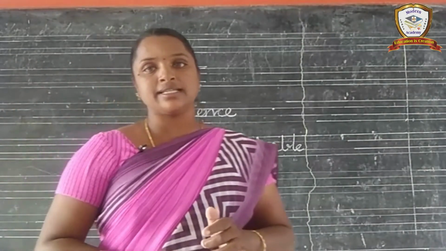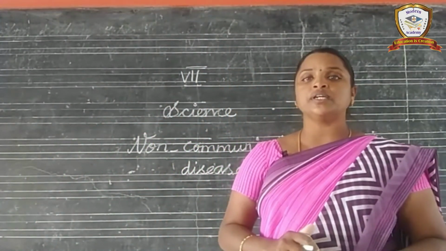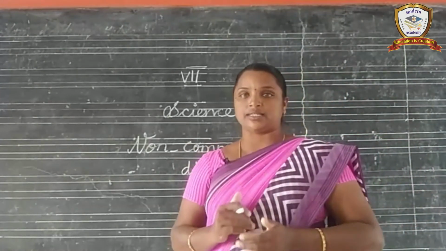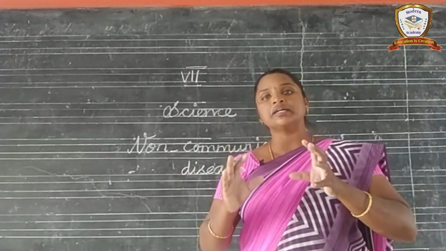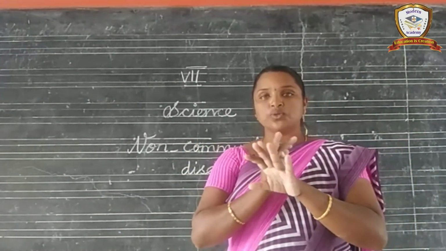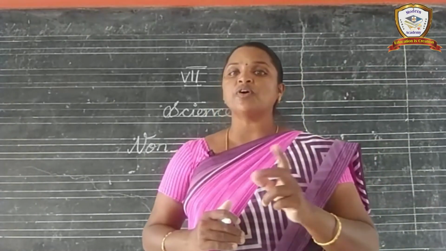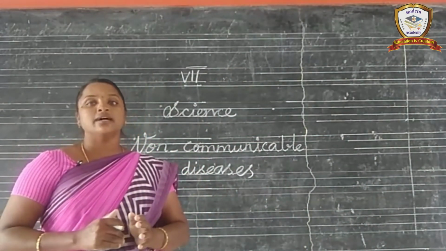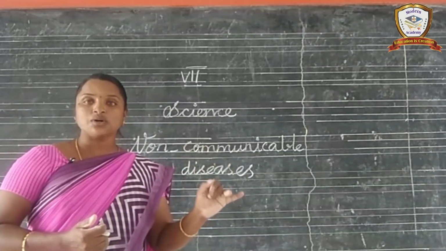Communicable diseases spread from one person to another and are caused by microorganisms, but non-communicable diseases do not spread and are not caused by microorganisms. Examples of communicable diseases: COVID-19, tuberculosis. Examples of non-communicable diseases: heart attack, stroke, cancer.